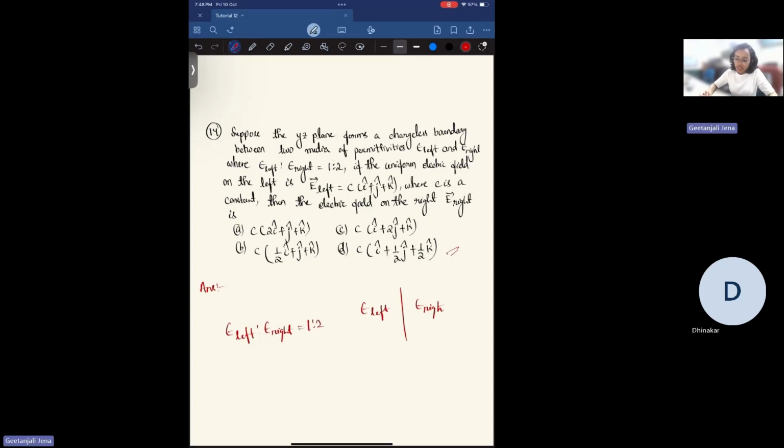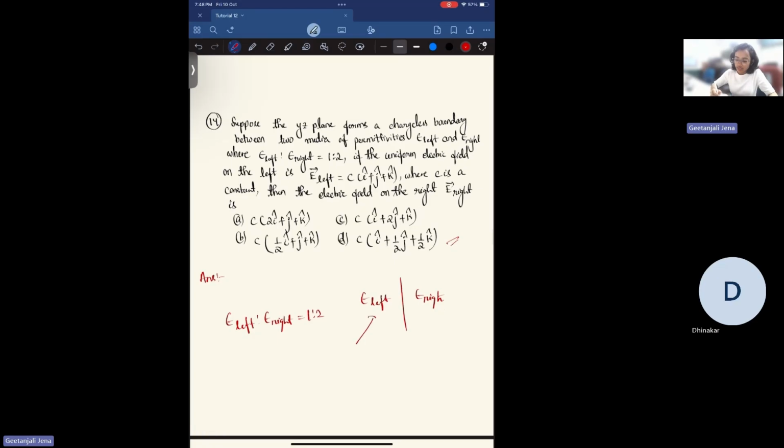If the uniform electric field on the left, E left, is C I plus J plus K, that is the constant, then what will be the expression for E right?